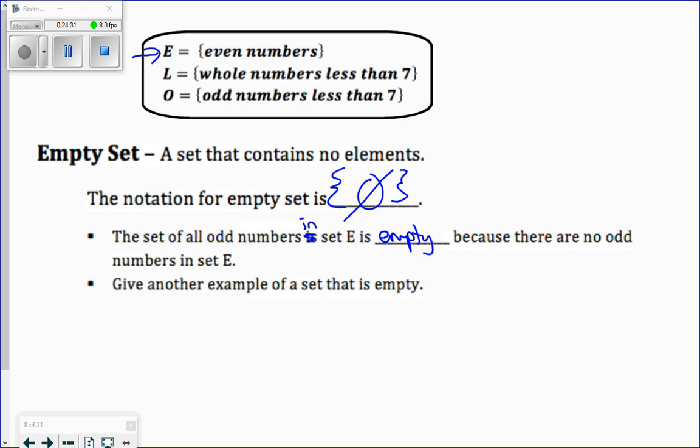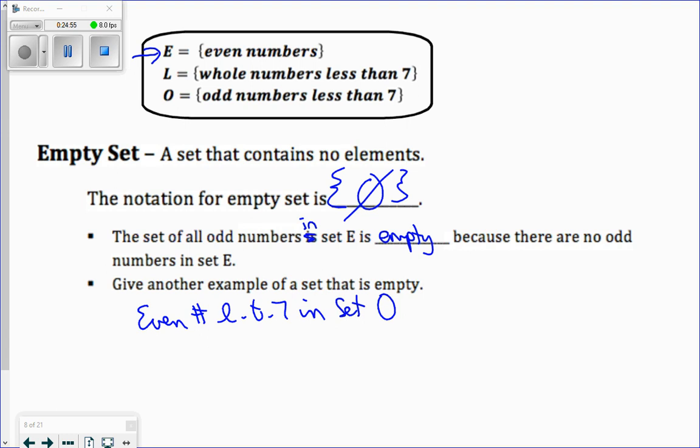So give an example of another set that's empty. It would be even numbers less than 7 in set O. You could also say whole numbers bigger than 7 in set L, right?